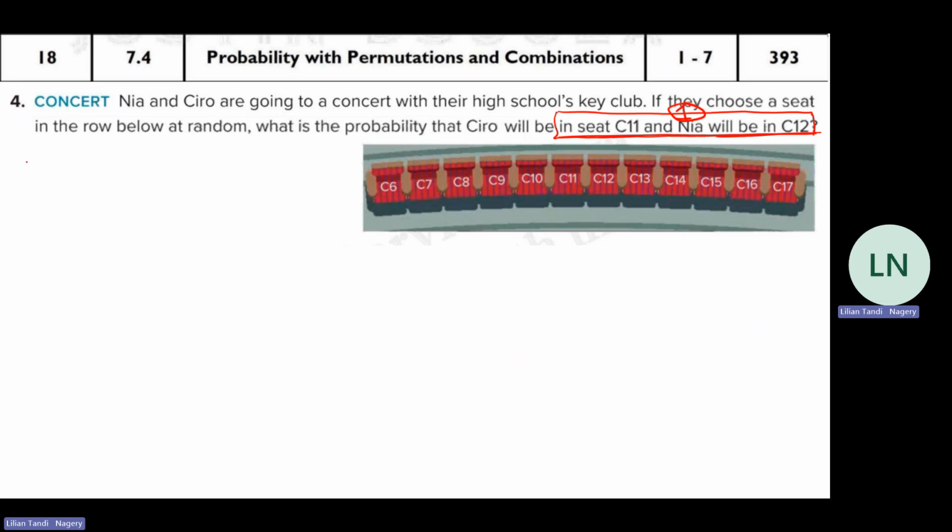So let me find my total permutation. Total permutations is given by the formula nPr. Who is my N? How many seats do I have? 1, 2, 3, 4, 5, 6, 7, 8, 9, 10, 11, 12. So my N is 12 and my R is 2. I'm choosing 2 out of the 12.